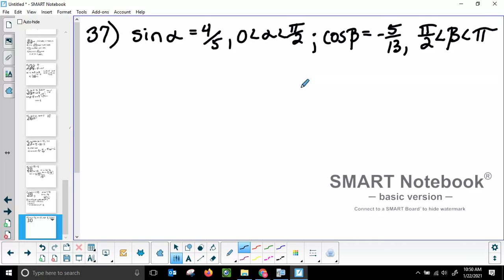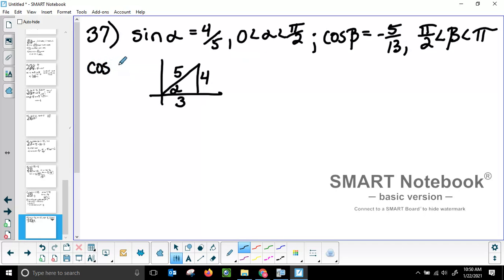Okay, so first, what we're going to have to do is use this to get the other pieces of alpha and beta. Sine, cosine, tangent. Of course, looking at A, B, C, and D, we don't have any tangents, so we're not going to have to worry about that. So here I'm in the first quadrant. So this is my alpha. Sine is opposite over hypotenuse. This is a 3, 4, 5 again.